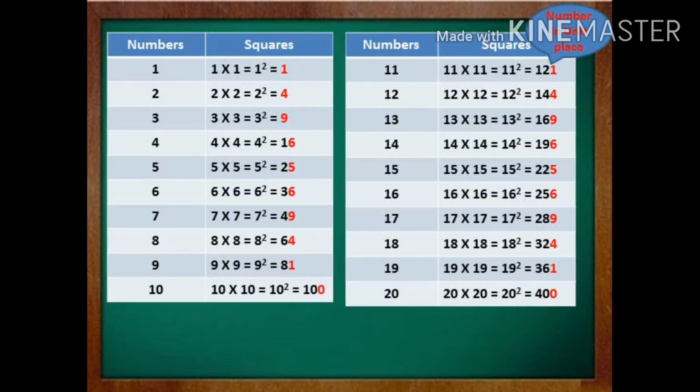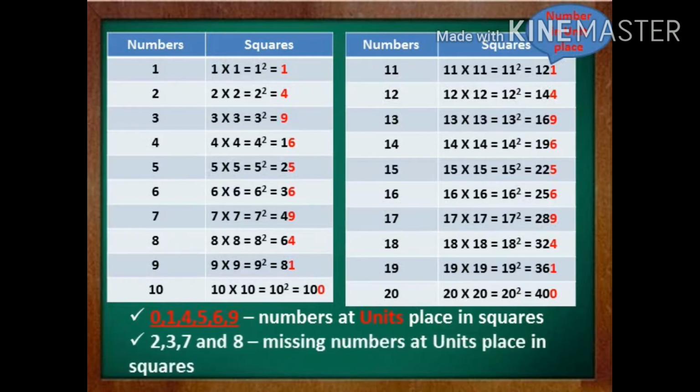Observe carefully the units place of all these square numbers, which are highlighted in red. We can conclude that the square numbers have 0, 1, 4, 5, 6, and 9 at their units place, whereas square numbers do not have 2, 3, 7, and 8 in their units place.